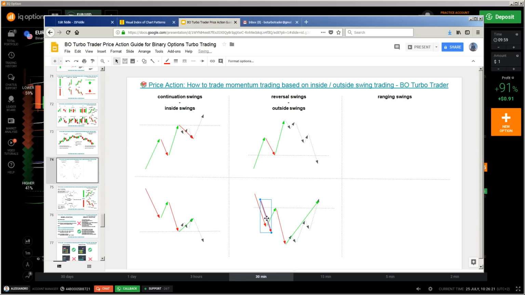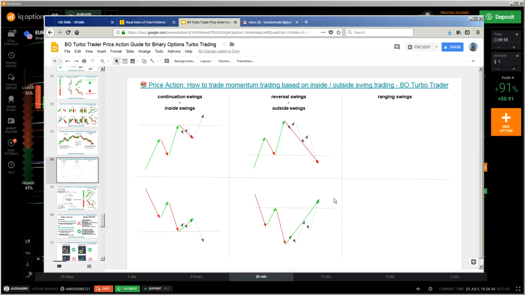The impulse wave is almost the larger one, and in this case it is no longer, so this one will not be the impulse wave anymore because it's no longer the larger one. This one here is breaking through this area, the higher low, and here the lower high. That's behind all this stuff.